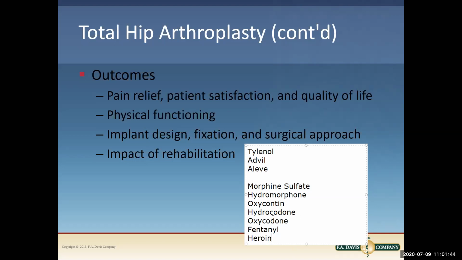And so then we came up with the other ones, hydromorphone, oxycontin, hydrocodone, oxycodone, fentanyl. And all of those, we kept saying, these are non-addictive. And we keep falling for it. They're addictive. They're all addictive, right? The only one up here that's not naturally occurring is hydromorphone. Anyone know what the brand name of that is?